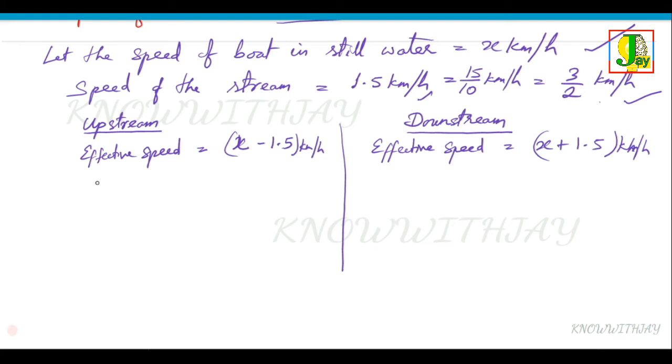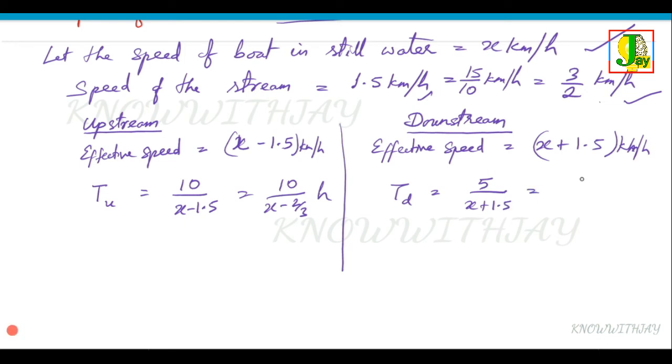So the time taken upstream equals distance 10 divided by x minus 1.5, that's 10 by x minus 2/3 hours, and the time downstream, where the distance covered is 5, is 5 by x plus 1.5, or 5 by x plus 2/3.